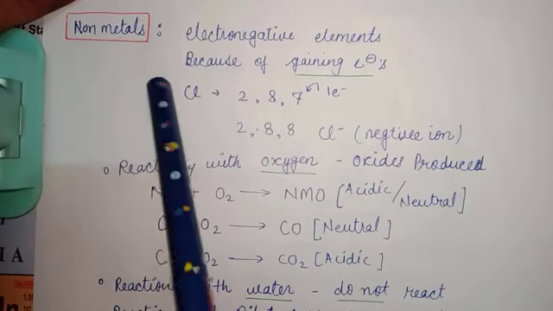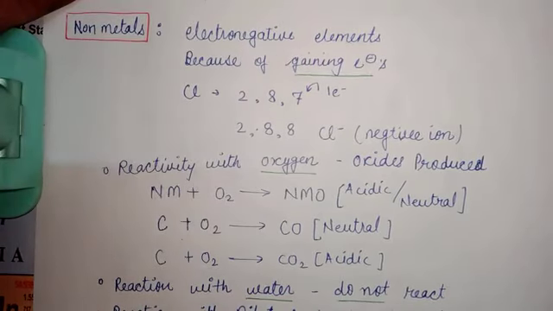In another way, we can say non-metals are acidic in nature and produce oxides. In brief, non-metals are oxidized, acidic in nature, and produce oxides.